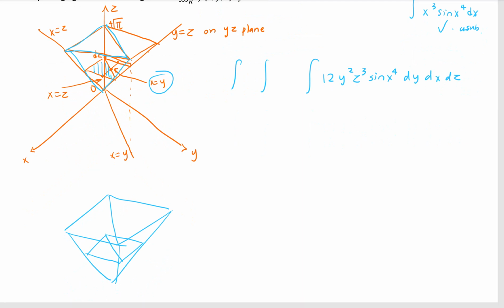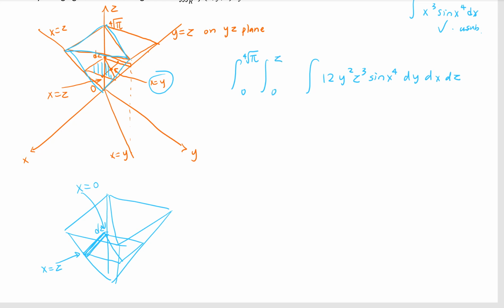So z. Oh, we still have the dz here. And then x. So now dz is here, x. This is our rectangle. The x is from 0 to, what is this line? This line is x equals z. So z goes from 0 to 4 root of pi, and x goes from 0 to z.